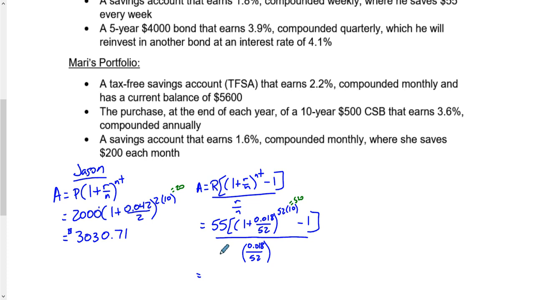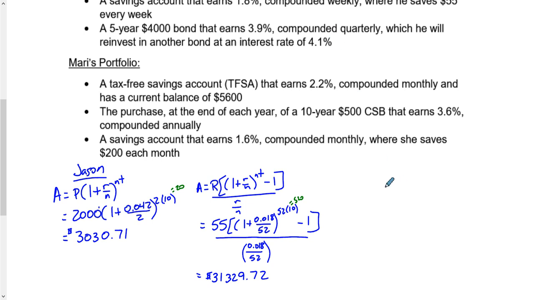You can absolutely plug all of that straight into your calculator: 1 plus 0.18 divided by 52 to the 520, subtracting a 1, divided by 0.18 divided by 52. We get $31,329.72.